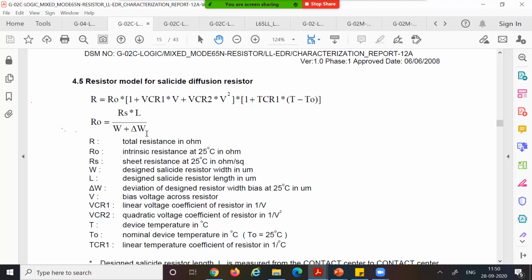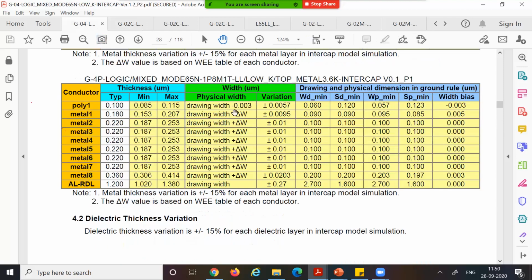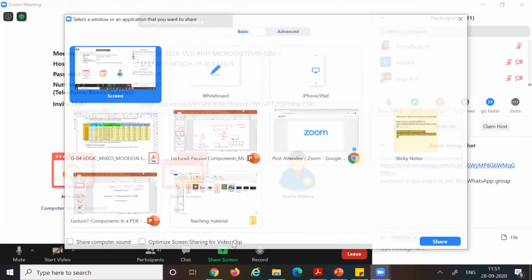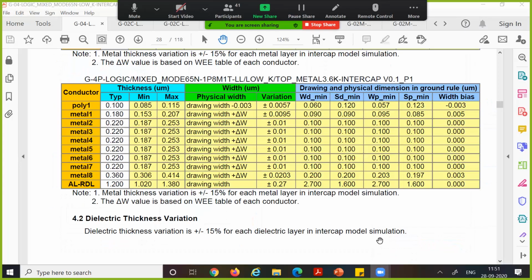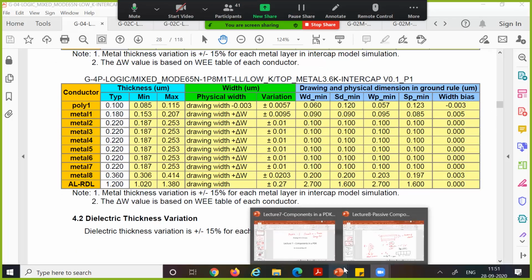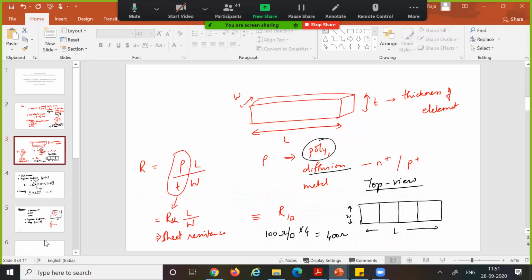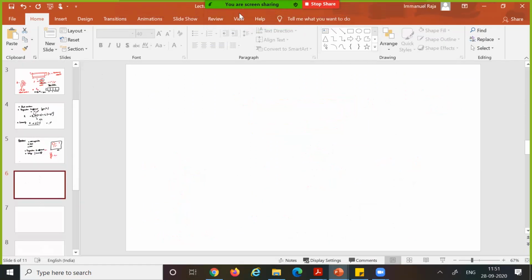You are perfectly right. That's what this particular thing says. There is an intra-die variation and there is an inter-die variation. Intra-die variation means, let me take it next class, and I'll be able to cover the whole thing.